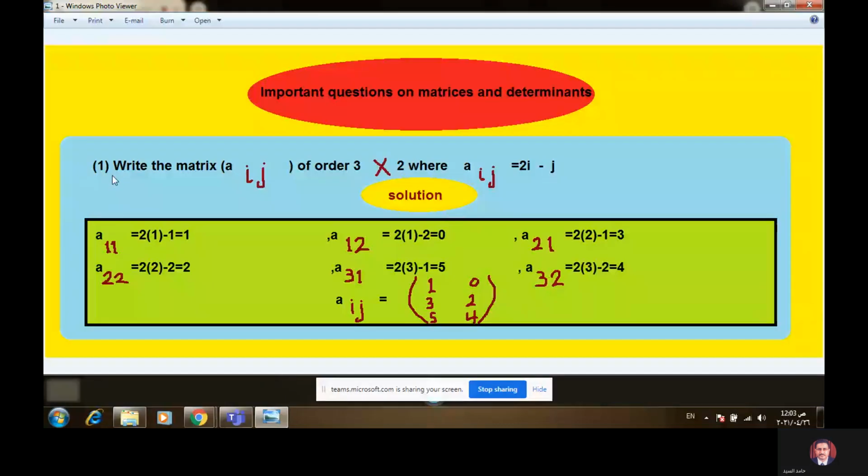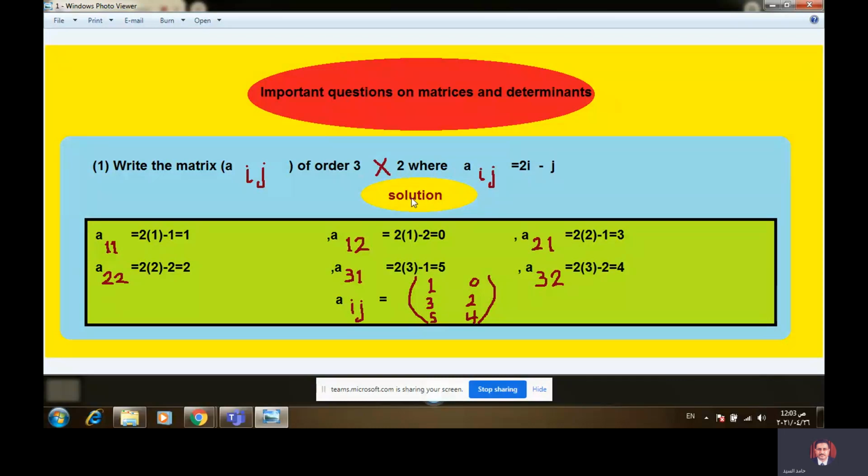Number 1. Write the matrix A_ij of order 3 times 2, where a_ij equal 2i minus j.